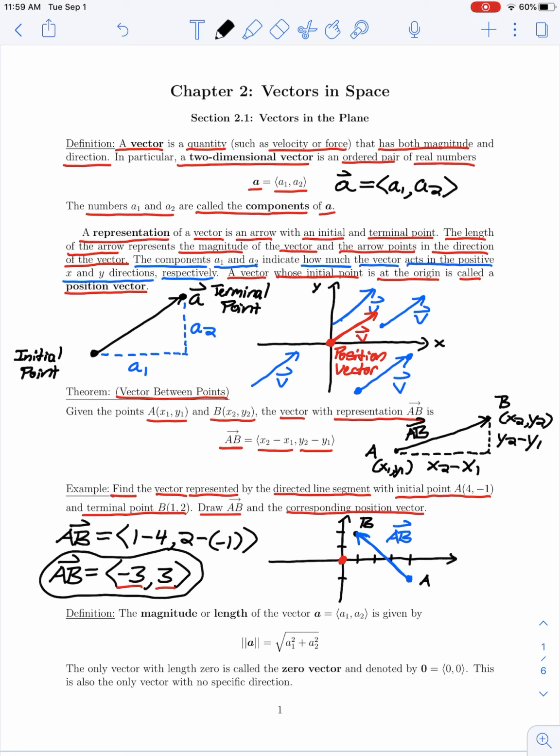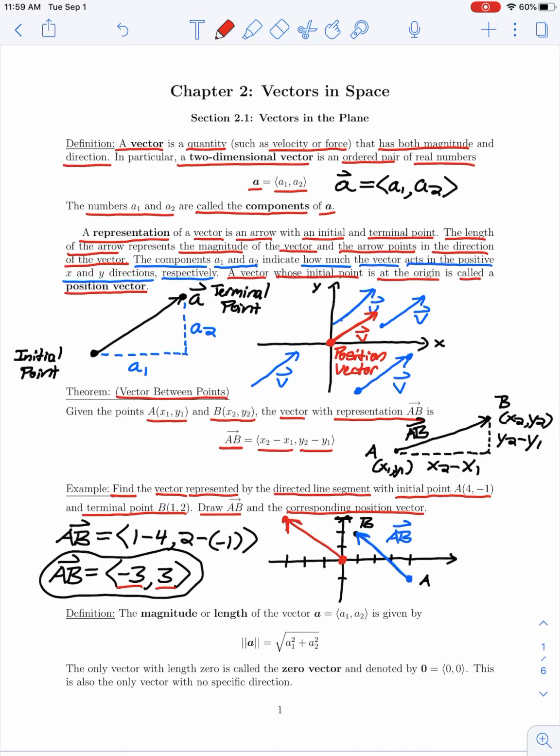Since our initial point is the origin, we're moving 1, 2, 3 units to the left. And then the y component of my vector was +3, which means from my initial point, I'm also moving 3 units upward. So the terminal point, if I start at the origin, would be the point (-3, 3).